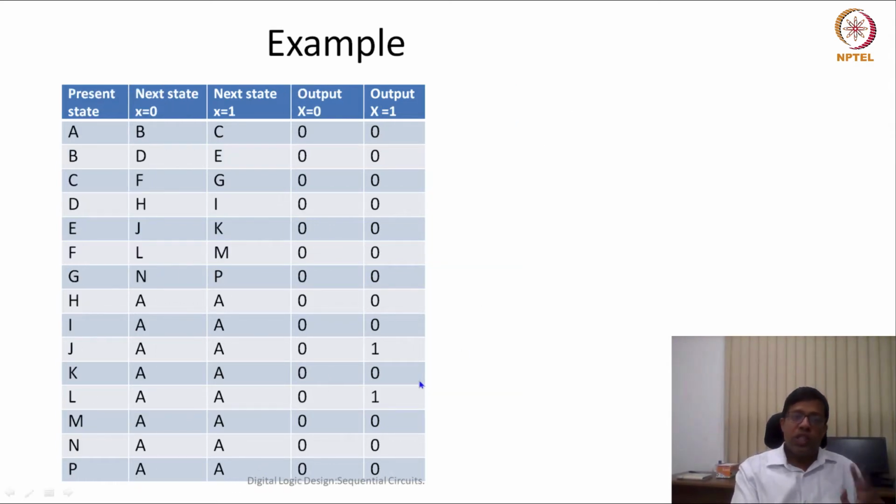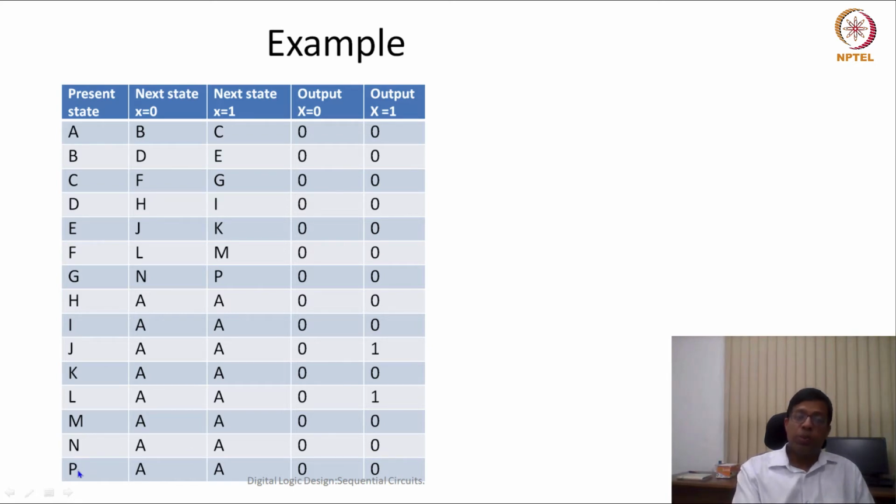Now if we see this table, try to see what is the difference between state P and state N. In N state, if input is 0, then the next state is A. If input is 1, then also next state is A. And output in both cases, input 0 as well as input 1, is 0.